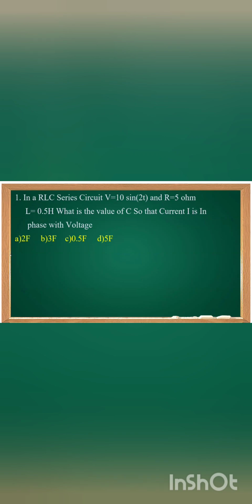What is the answer, friends? Current is in phase with voltage means it indicates the resonance condition. Correct or not?